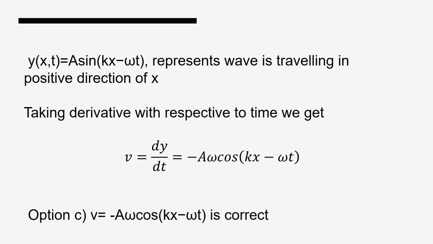The result is −Aω cos(kx − ωt), where ω is the angular frequency. Therefore, the correct expression for the velocity at time t is v = −Aω cos(kx − ωt). Option C is correct.